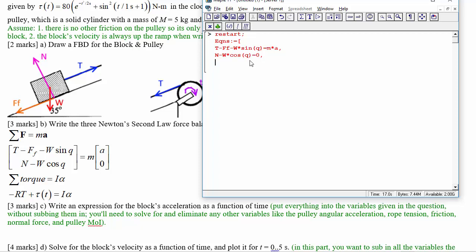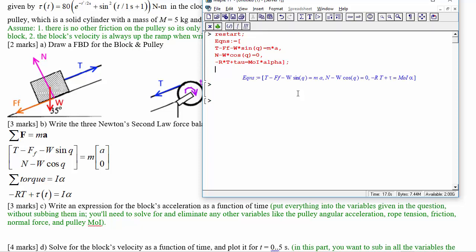Then the angular acceleration is negative r times t plus tau is equal to, we can't use I because that's Maple's symbol for the square root of -1. Yeah, so you can see that I is a predefined thing in Maple. So we need a different symbol. I would usually use MOI to be a moment of inertia times alpha.